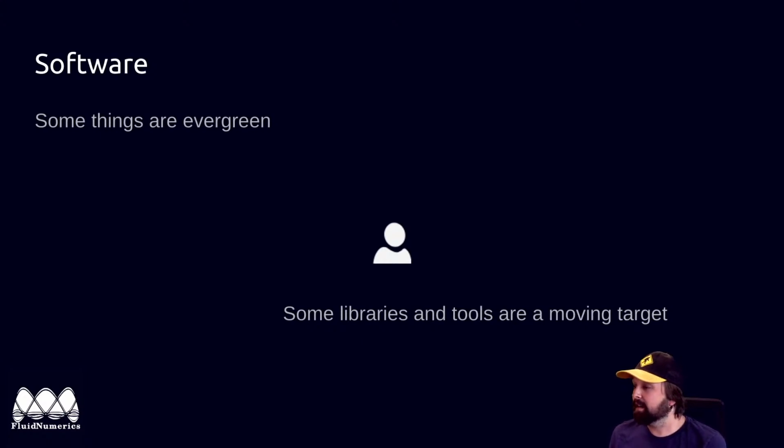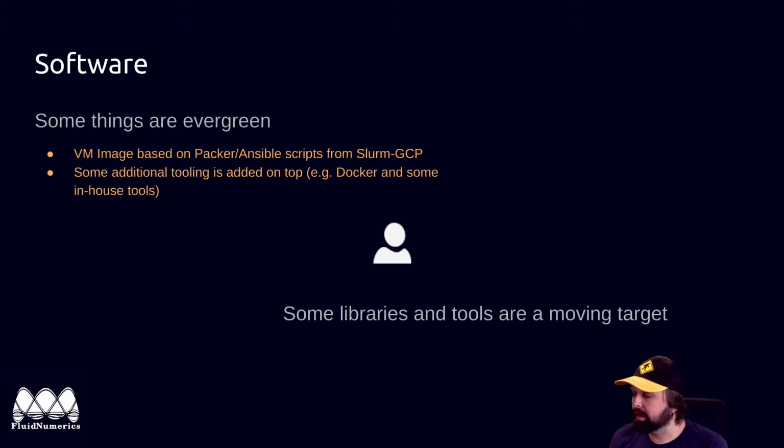And then on the other end of that spectrum is, specifically for those who are developing new applications, a lot of times the libraries and tools are a moving target, and there is a bit of pickiness about having certain versions available at any given time.